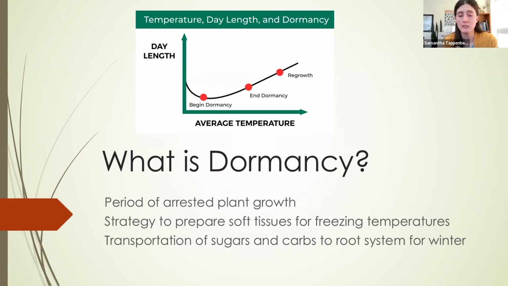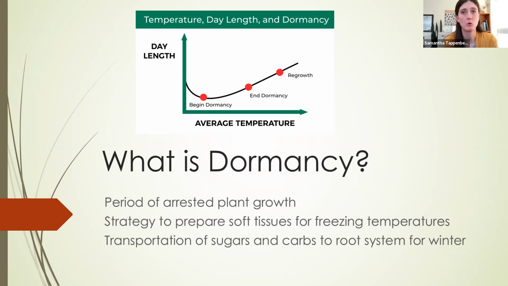And that dormancy period, both going into and coming out of dormancy, is triggered by duration and thresholds of sunlight and temperature. Those thresholds and those triggers are variable by species. It comes down to the specific life history and plant phenology for that species.